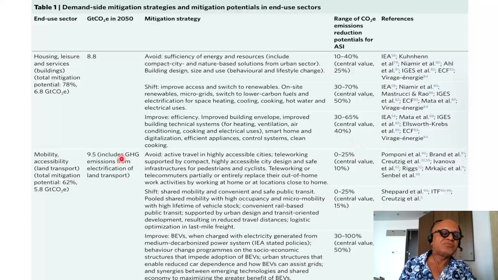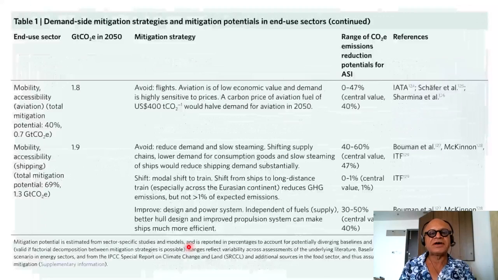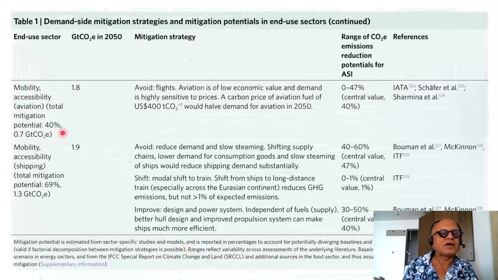Similarly, under mobility, accessibility, this is the total emission. There are various ways of avoiding, shifting, and improving, which include battery operated electric vehicles, shared mobility, active travel in highly accessible cities, teleworking, and so on and so forth.